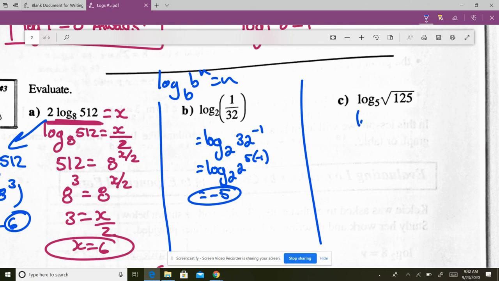So this is the same as log base 5 of 5 cubed and then the 1/2. Everybody agree with that? So what's my answer? Three over 2, because you just multiply these two exponents.